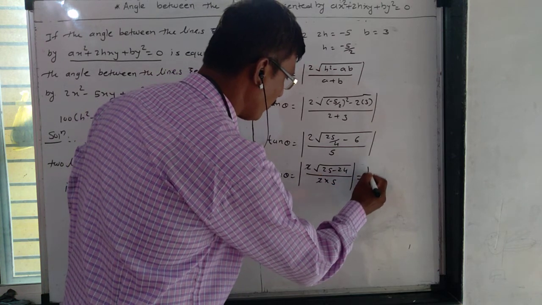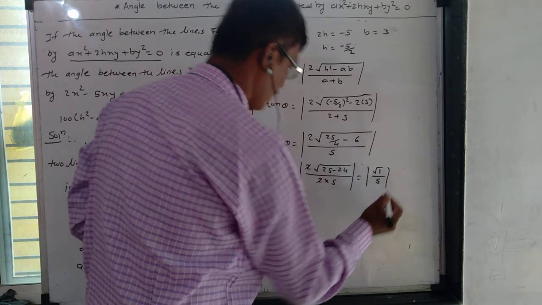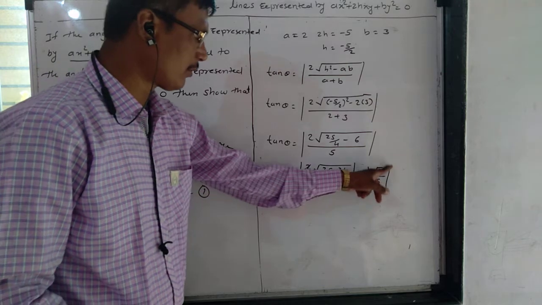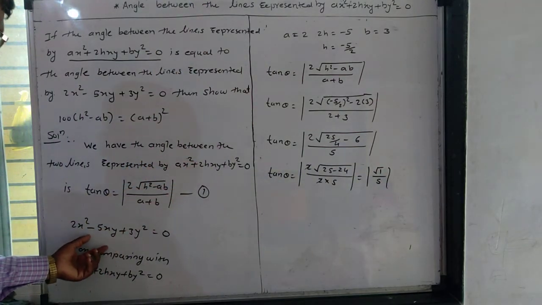This is equal to |√1 / 5|. So this is tan θ, the angle between the two lines represented by this equation.